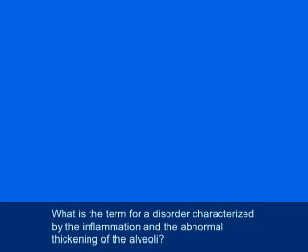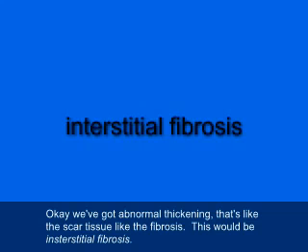What is the term for a disorder characterized by the inflammation and abnormal thickening of the alveoli? Okay, we've got abnormal thickening. That's like the scar tissue, like the fibrosis. And this would be interstitial fibrosis.